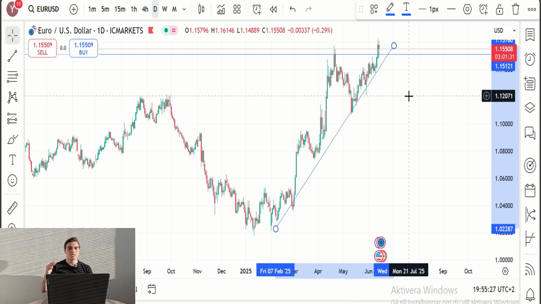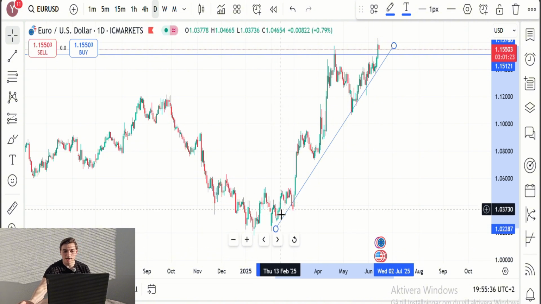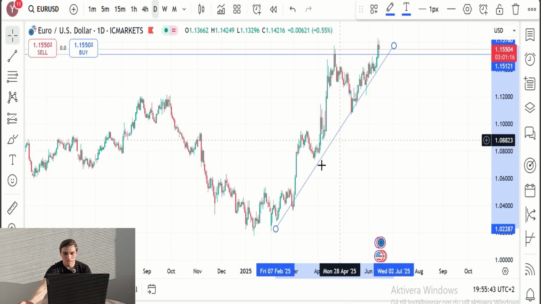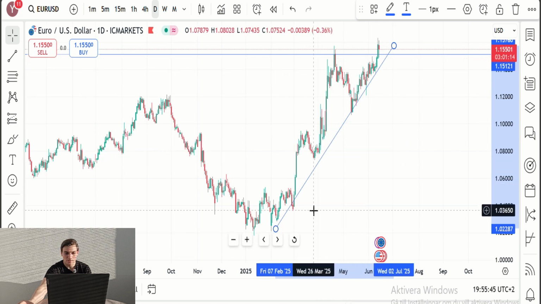In an uptrend, we use the support, so the under part, and in a downtrend we use the upper part, so resistance. You can clearly see why this is the support of the uptrend, because every time it does a rejection, it hits this line, it's the support.